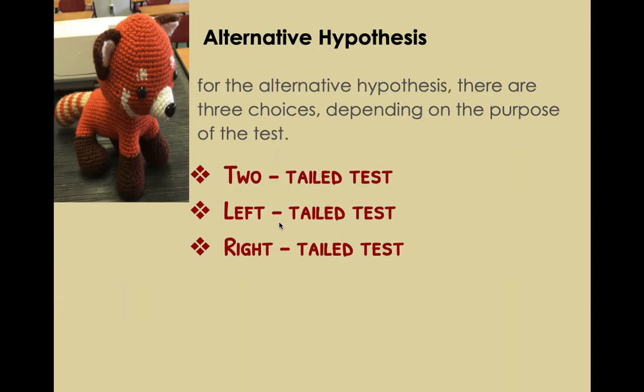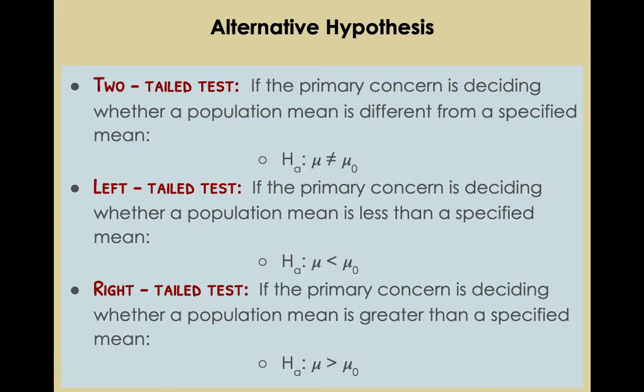Now, for the alternative, what our alternative looks like depends on what kind of test we're going to be doing: two-tailed, left-tailed, or right-tailed. Kind of makes sense. We've been dealing with right-tailed, left-tailed, and two-tailed all this time, talking about distributions. That's what we were leading up to right here. A two-tailed test is if we want to say, hey, your mean is something else. It does not equal mu sub 0. So if H sub A, our alternative hypothesis, is that mu is not mu sub 0, then you would do a two-tailed test.